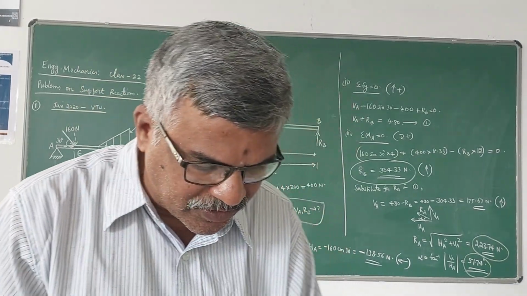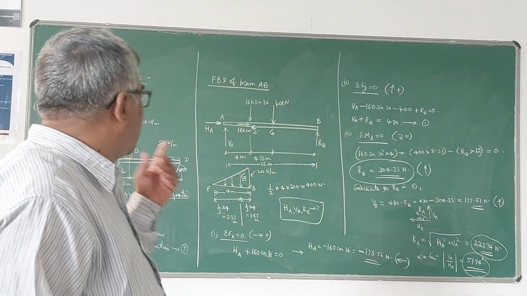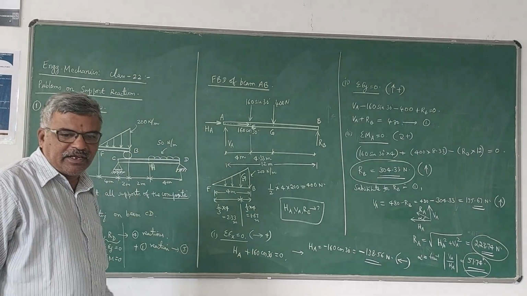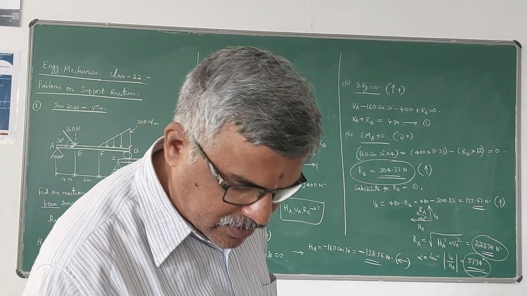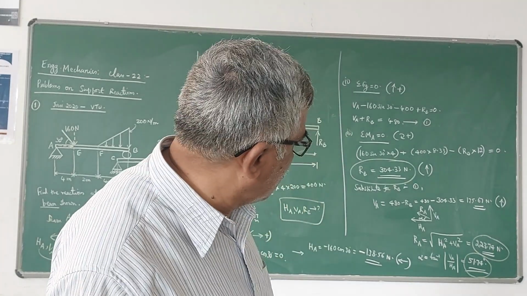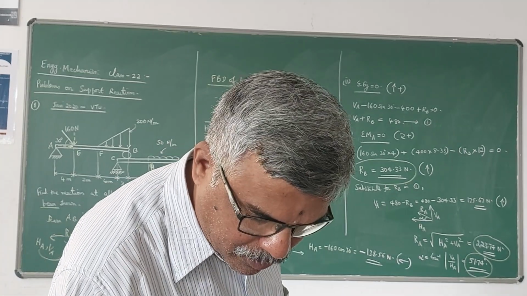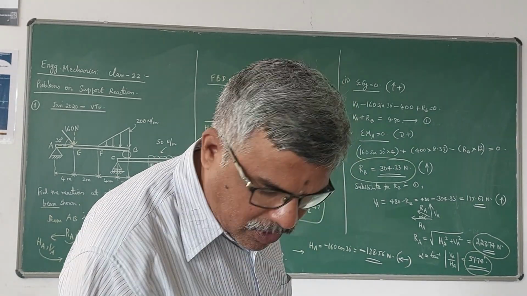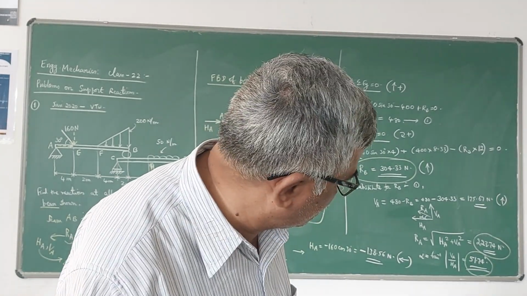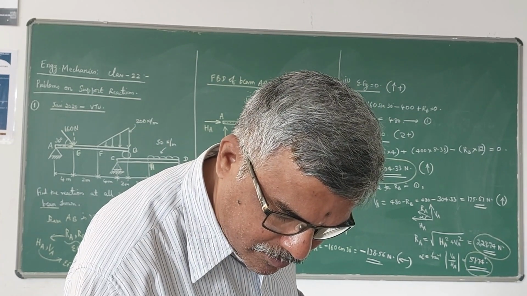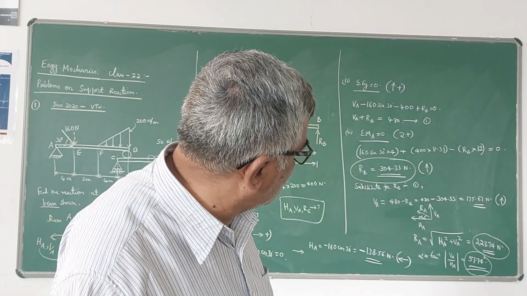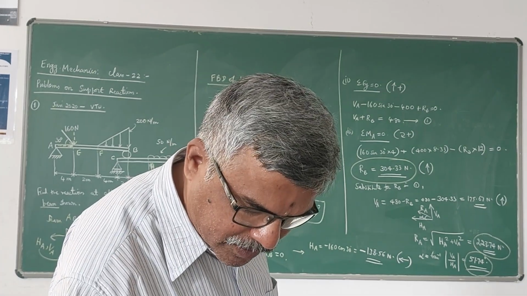So now after this, you can consider the second beam CD, and we can find the other two reactions, that is RC and RD. So here RA we have got 223.74 Newton, and alpha, both we have to find out because it is an inclined reaction, and RB is 304.33.